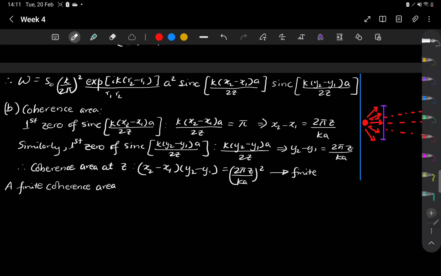We obtain a finite coherence area upon propagation, even if we are starting with a spatially incoherent source.